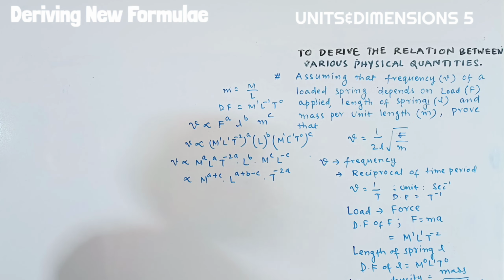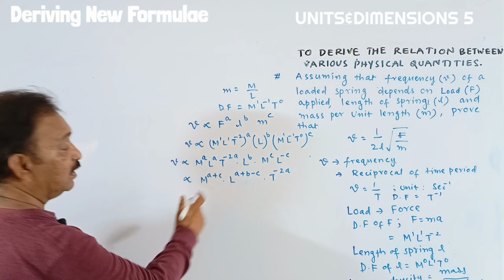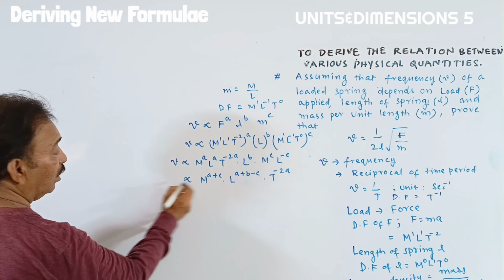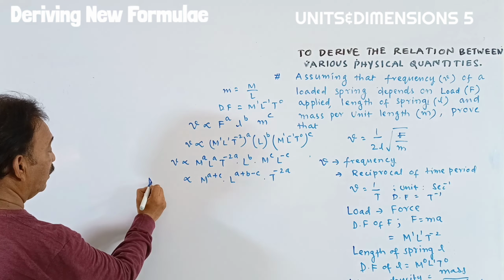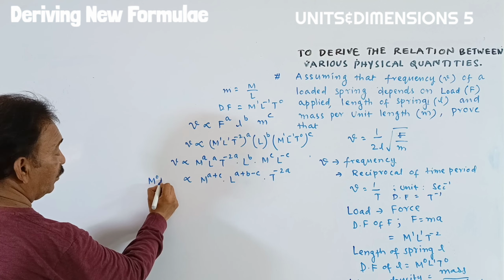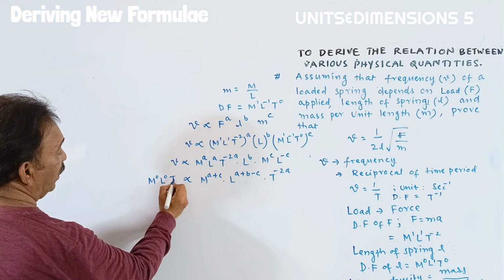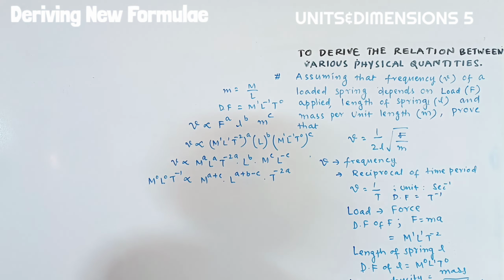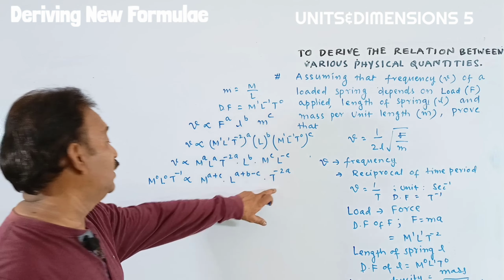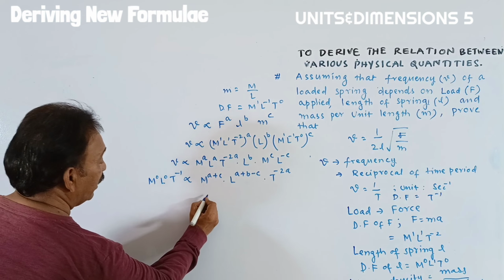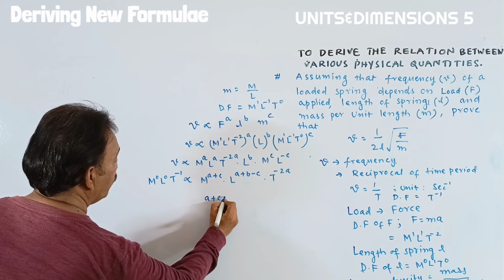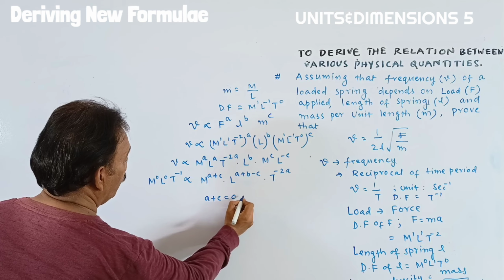Okay, students. But frequency here is T to the power of minus 1. That means we can write M to the power of 0, L to the power of 0, T inverse. Then after we have to compare the powers of these physical quantities. From this we can write a plus c is equal to 0.